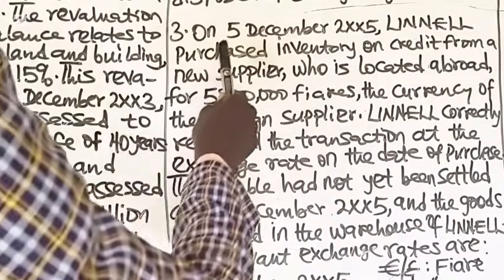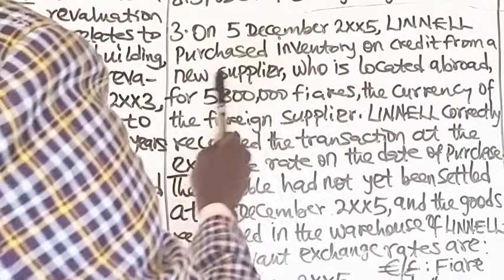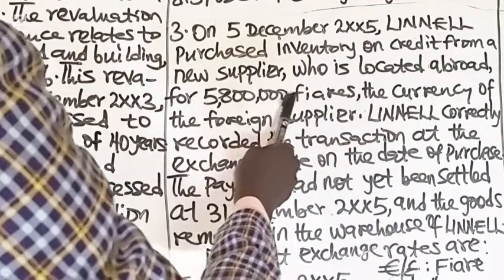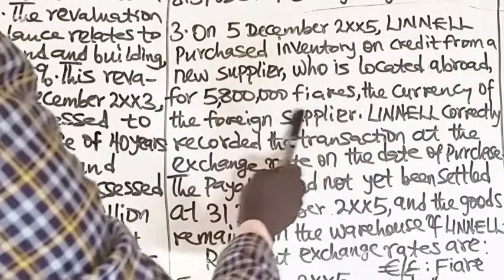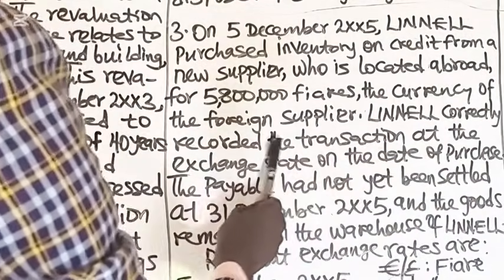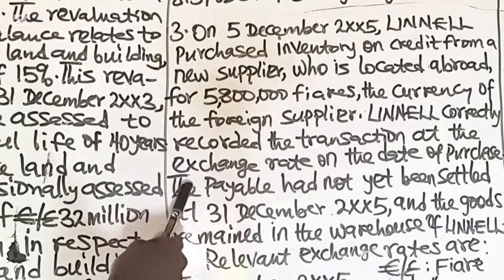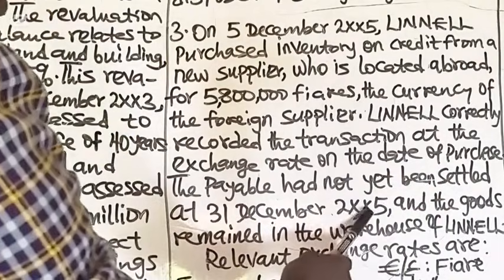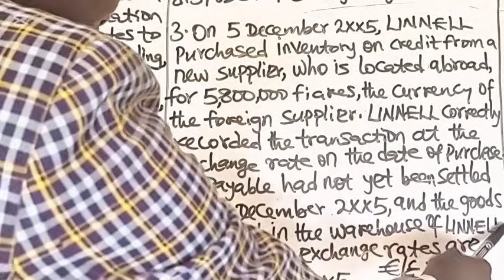Note 3. On 5th of December 2005, Lease purchased inventory on credit from a new supplier who is located abroad for 5.8 million FIARES, the currency of the foreign supplier. Lease correctly recorded the transaction at the exchange rate on the date of purchase. The payable had not yet been settled at 31st December 2005, and the goods remained in the warehouse of Lease.